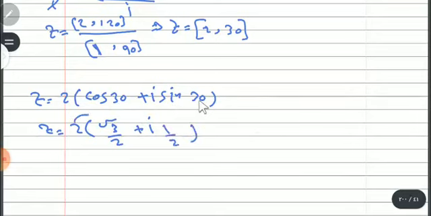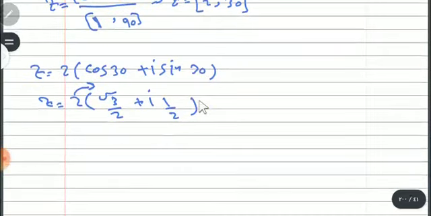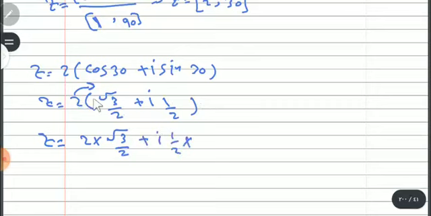Now, what about multiplying what is outside the bracket by what is inside the bracket? So z equals 2 multiplied by square root of 3 over 2, plus i multiplied by 1 over 2, multiplied by this 2 also. So what about canceling this with this and this with this?